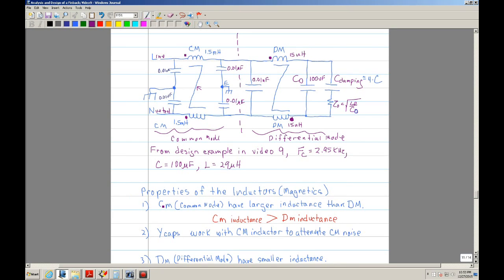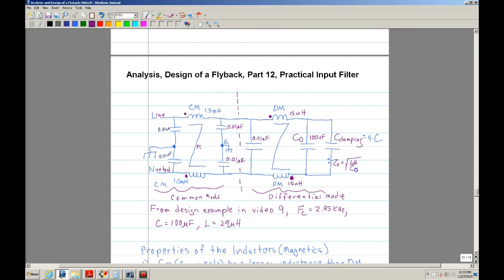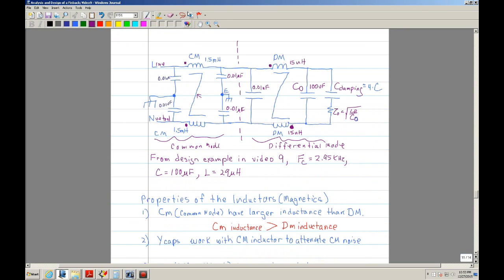Now I want to talk a little bit about some of the properties that these filters have. Normally, the common mode inductors will be larger than the differential mode. In this case, I'm going to use a SPICE example, and let me make this 10 millihenries.